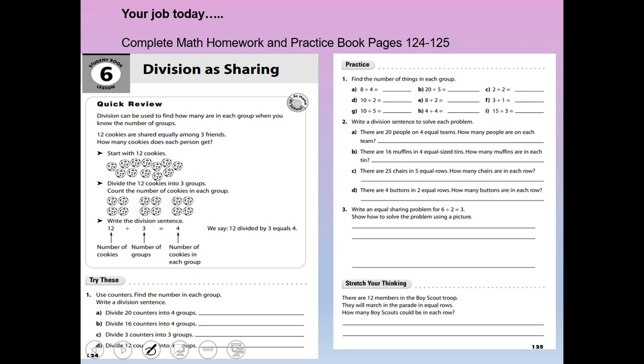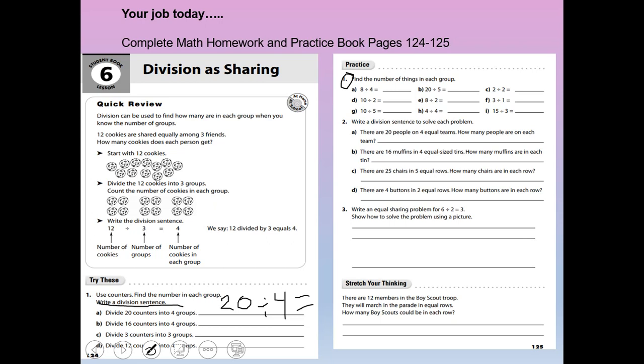Okay. For number 1, you need to write the division sentence. So remember the division sentence. For example, the first one would be 20 divided by 4 equals, and then you need to write the answer. Okay, so you can work that out, but you need to write the division sentence for number 1.